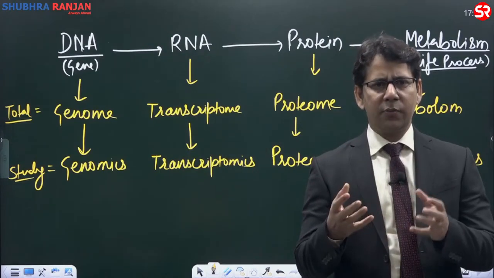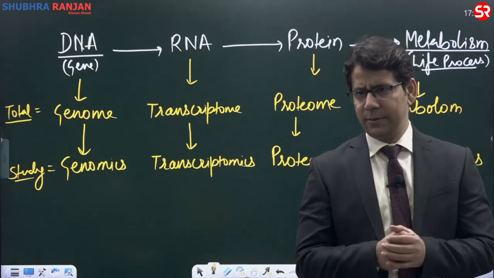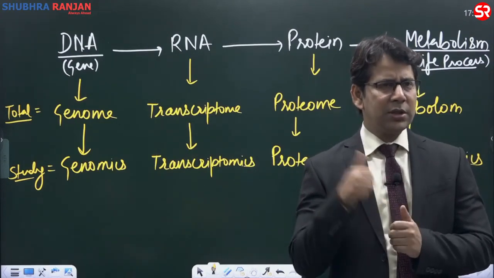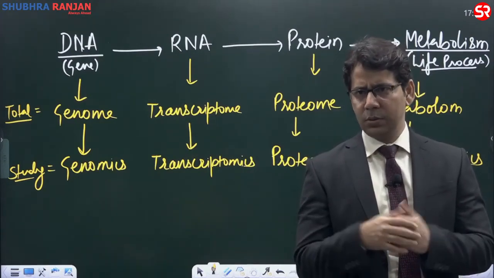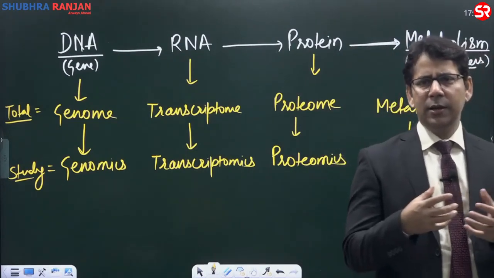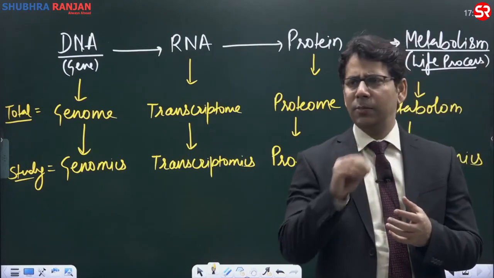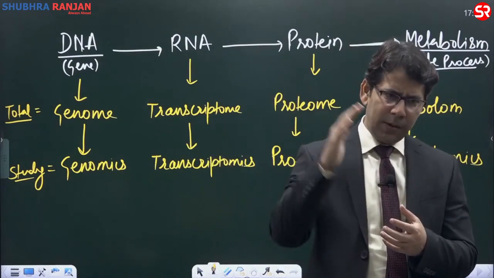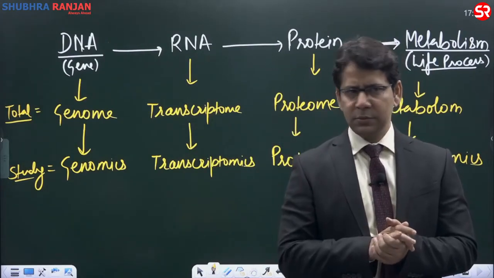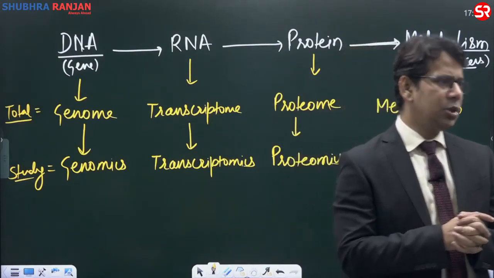The DNA that you got from your parents, I want to read that. I want to get all the information out of it. So which science will I opt for? Genomics, right? So genomics gives an idea of what kind of genes I got from our parents. What kind of genetics you are having. That is what genomics is.